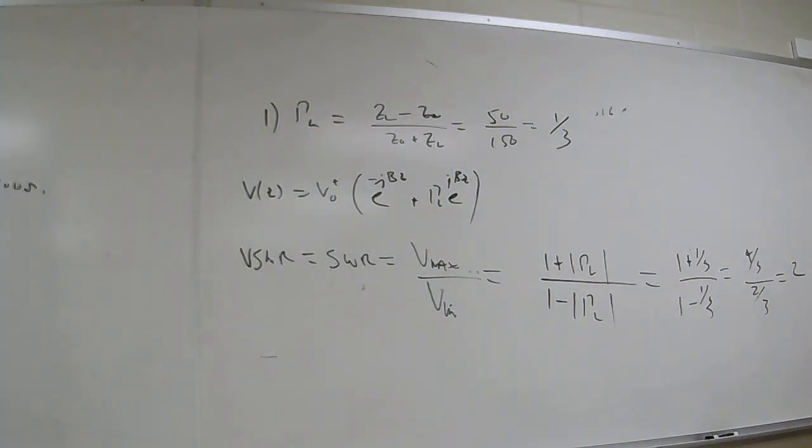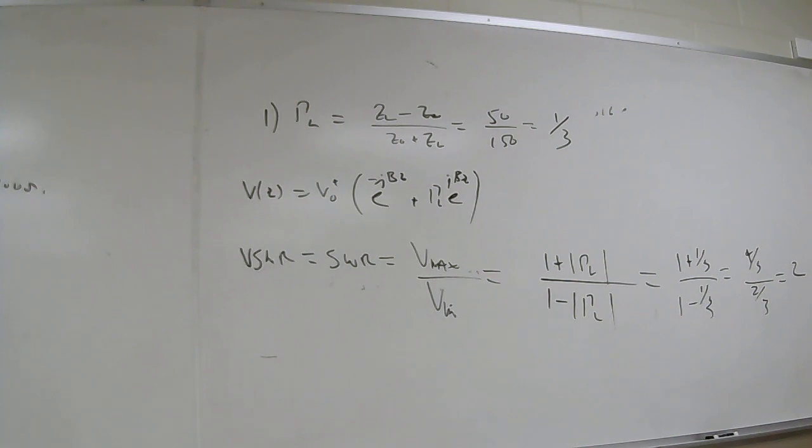Part C, I wanted the input impedance Zin. All right, now this is an interesting one. Remember I talked about Zin on a transmission line of length L, where you want the input impedance at that transmission line.